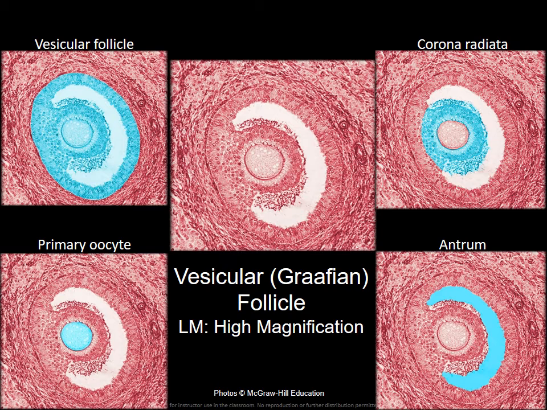And then finally we get to the very distinctive vesicular or Graafian follicle. Again, I've renamed this because your book refers to this as a secondary follicle, and that's just incorrect. So remember, with a mature or Graafian or vesicular follicle, you've got a large C-shaped antrum with the oocyte projecting into the antrum on a stalk-like structure.